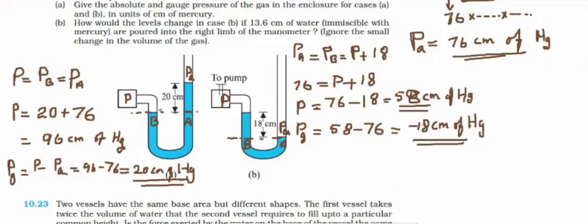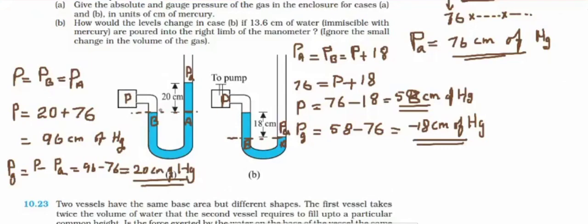Now part B: how does the level change in case B if 13.6 centimeter of water, immiscible with mercury, is poured into the right limb of the manometer? 13.6 centimeter of water.